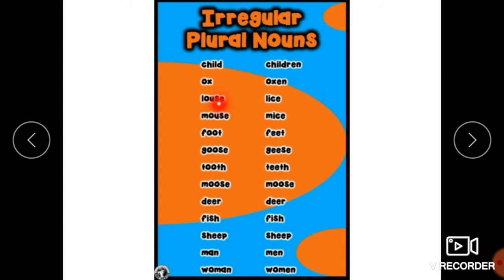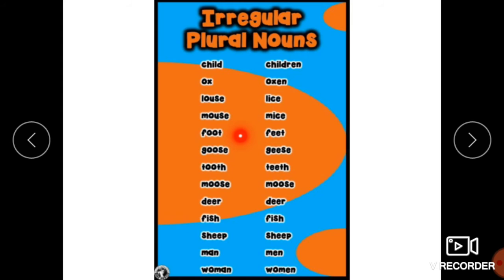We won't say oxes. We will say oxen. And louse, lice, mouse, mice, foot, feet. The plurals that change in spelling, we call irregular plurals.